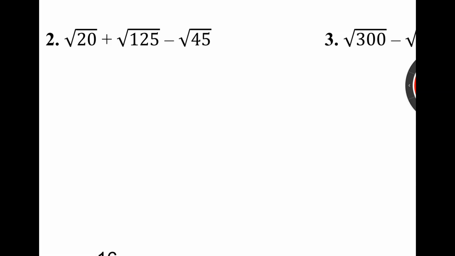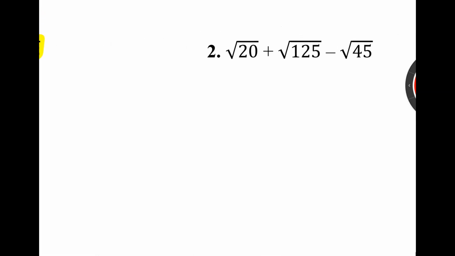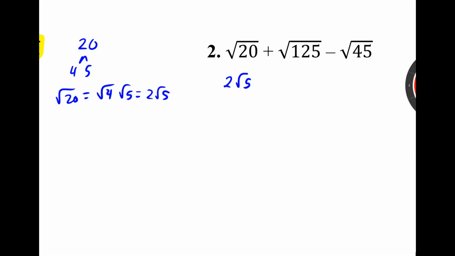Okay, so we need to write these all in terms of fully simplified radicals. Root 20 can be written as, what was the simplest form? 2 and 5. So 2 root 5, because root 20. Is it helpful if I write it out this way? That's how we get 2 root 5.